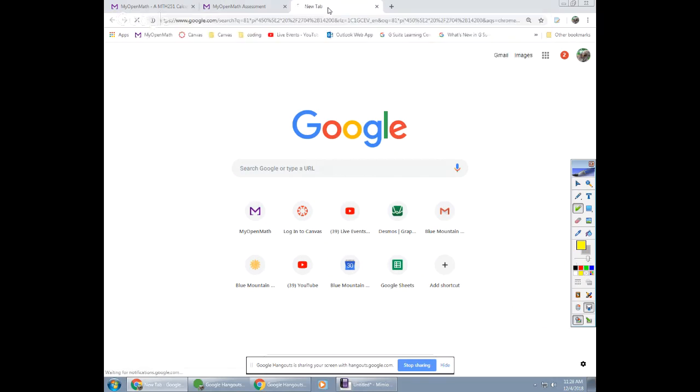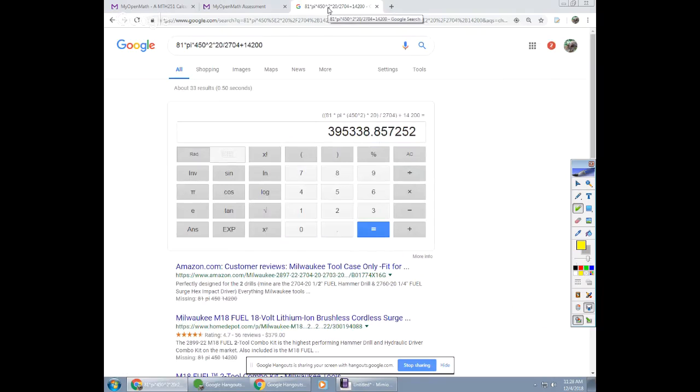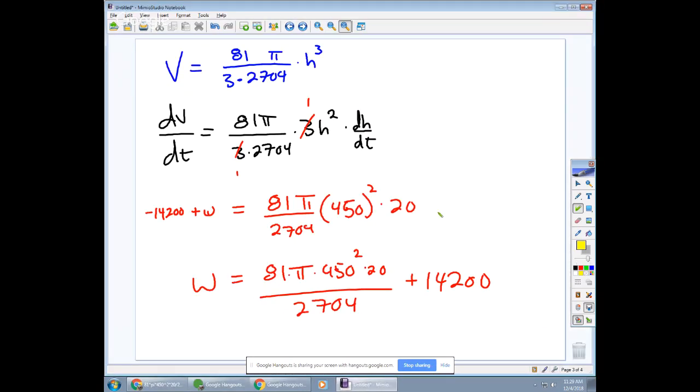If I typed it right, I get 395,339-ish cubic centimeters per minute, unless I mistyped it. Anyone else get that? You typed that really fast. Sorry, I'm used to typing things like this. I'm pretty sure I got it right.